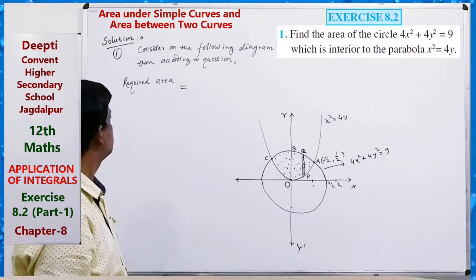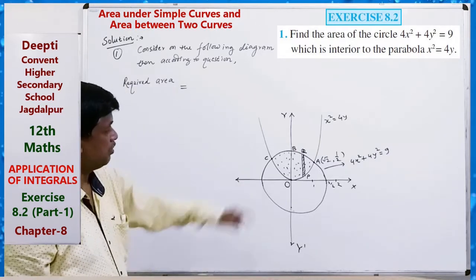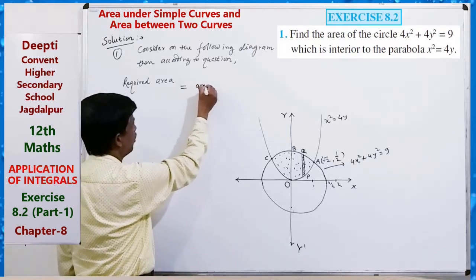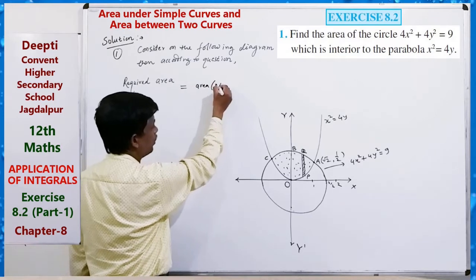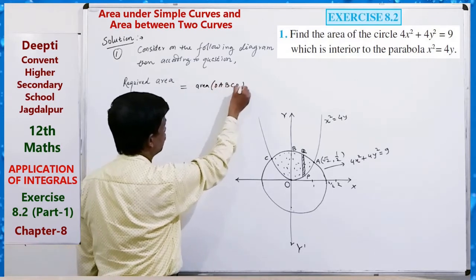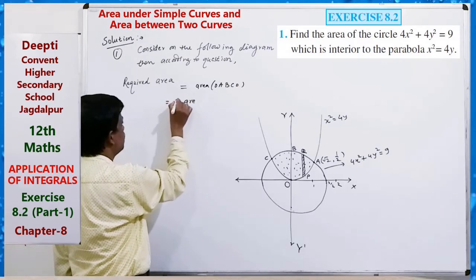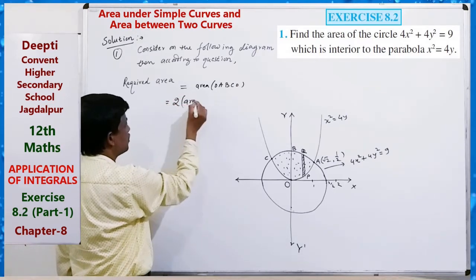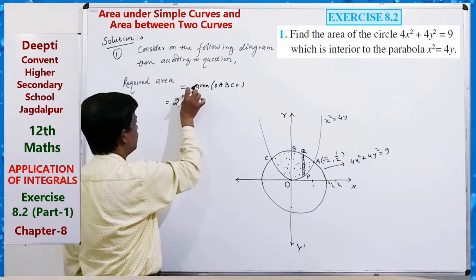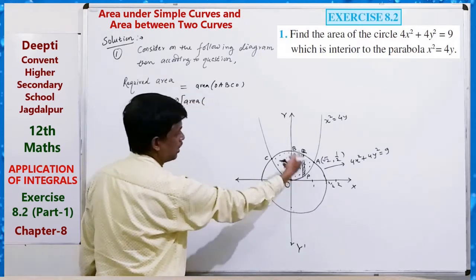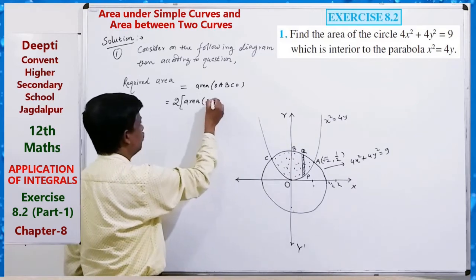Okay, so required area equals to what? Area of OABCO equals to what? 2 times the area OABO.